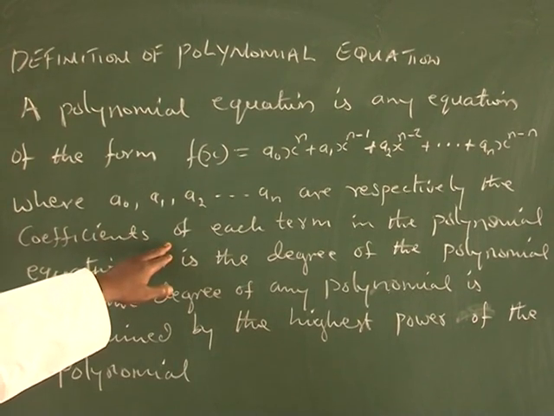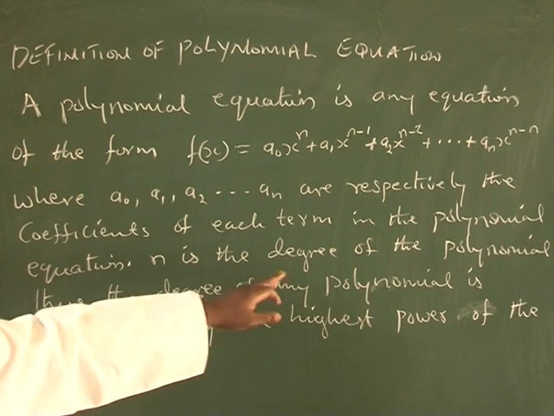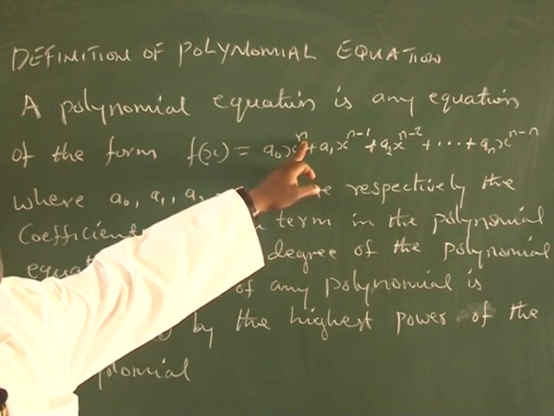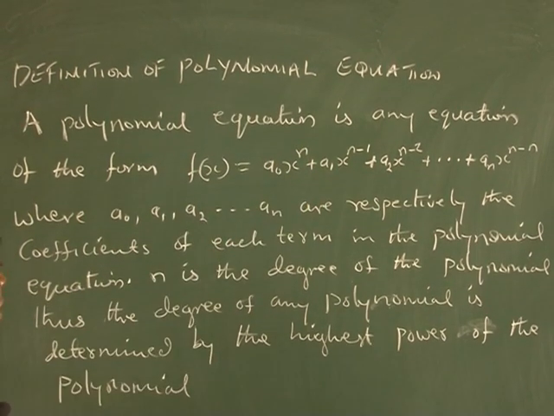Now we have n is the degree of the polynomial. So for whichever n, the polynomial will be called a polynomial of degree n.